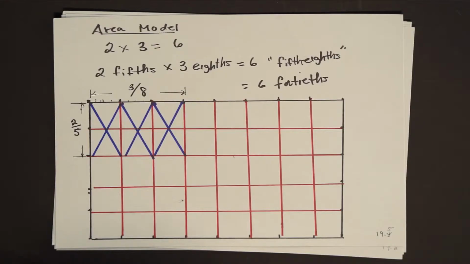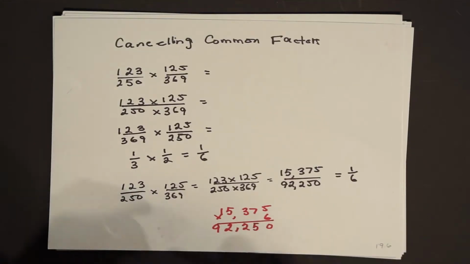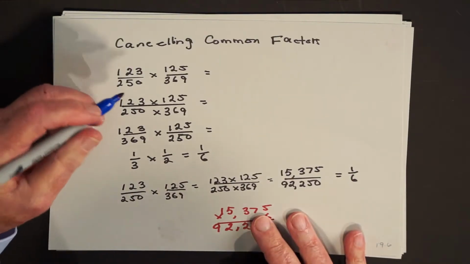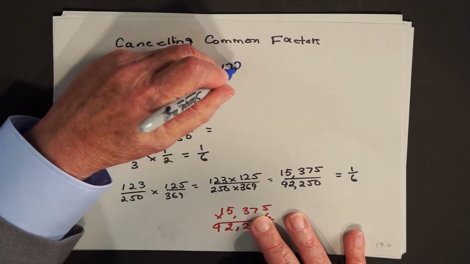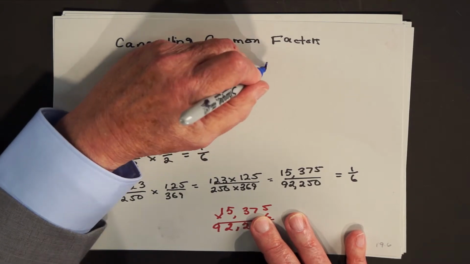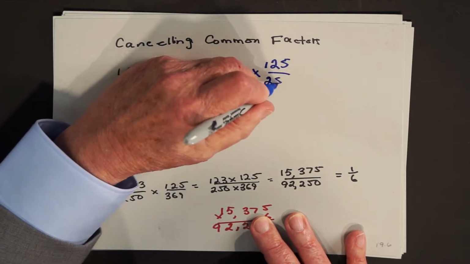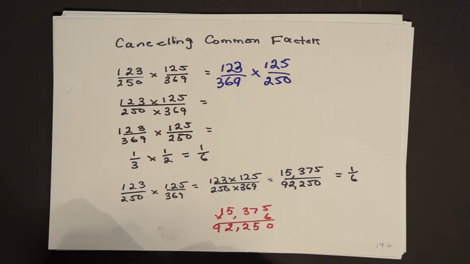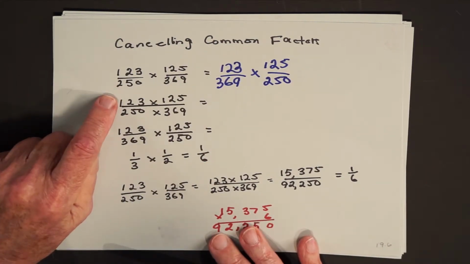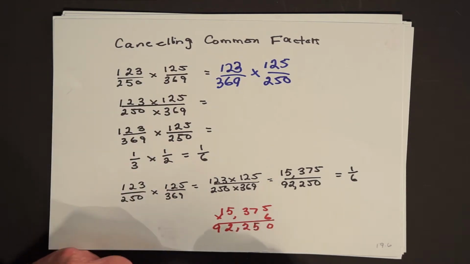Now, there is something very interesting that happens when you're allowed to multiply across. Look, 123 over 369 times 125 over 250 doesn't look like 123 over 250 times 125 over 369.